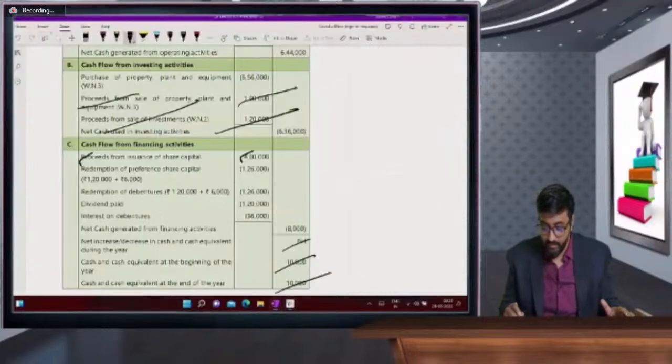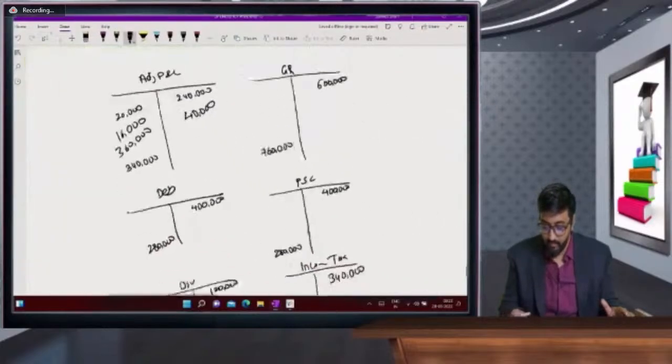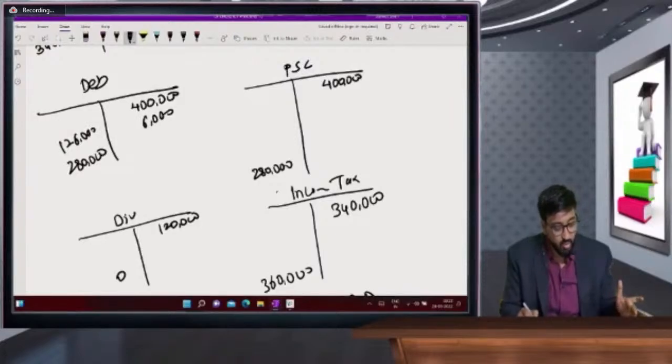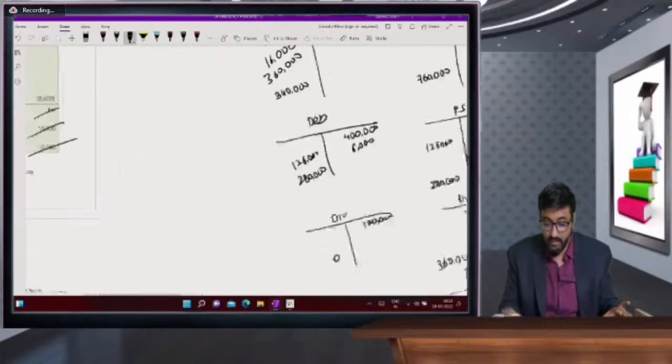So debentures debit 1,26,000. Beta Pooja, please focus on this topic now. And 1,26,000 and 6,000. Now 126 is a financing activity.